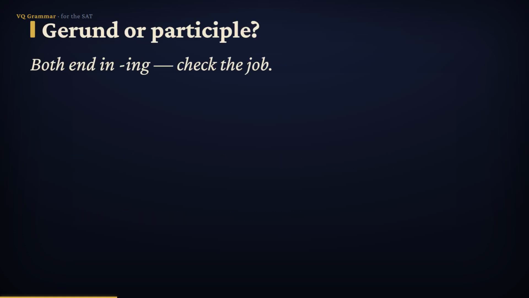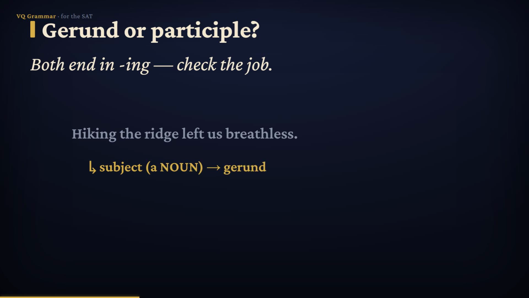Now the trap. Gerunds and present participles both end in -ing, but they do different jobs. Compare these two. Hiking the ridge left us breathless. Here, hiking the ridge is the subject. It's doing a noun's job, so it's a gerund.